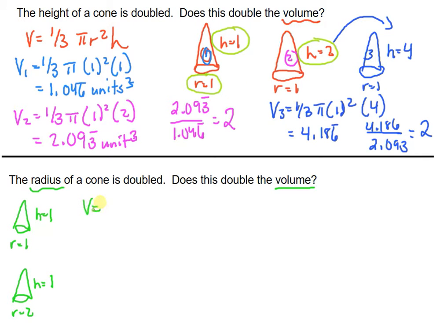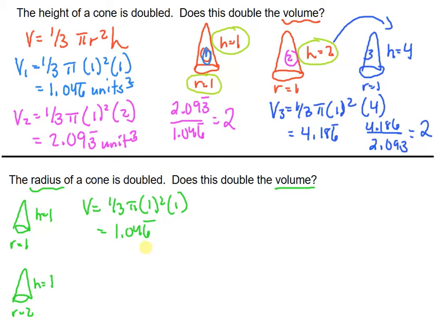Okay, so volume equals 1/3 pi r squared h. Okay, again, 1/3 pi. 1 divided by 3 times 3.14. I get 1.046.